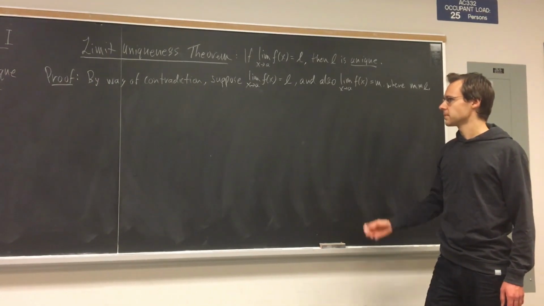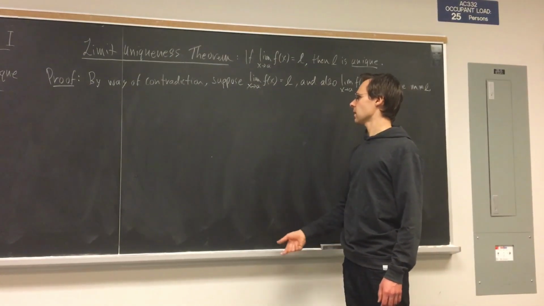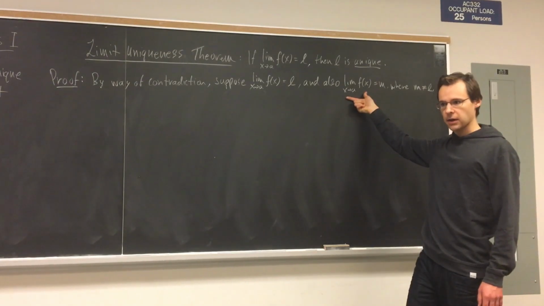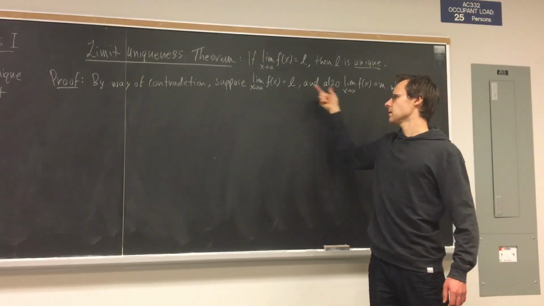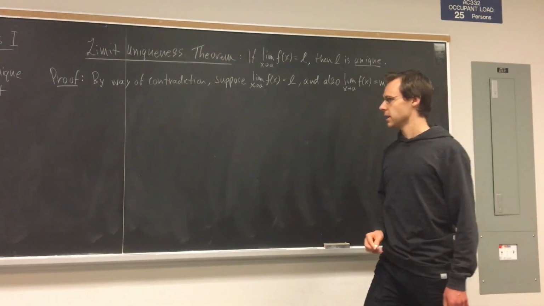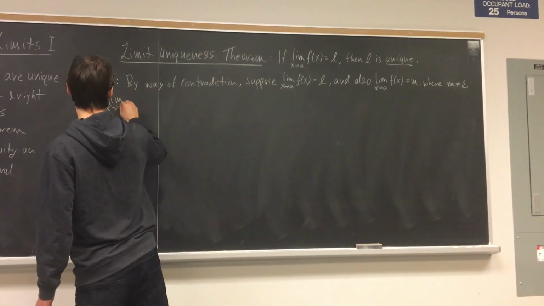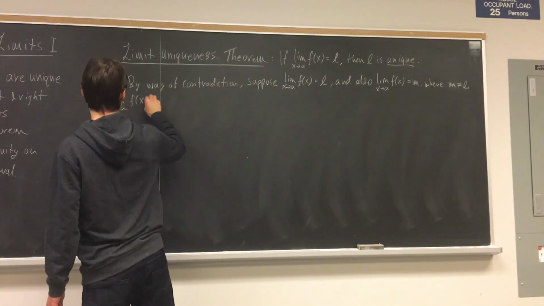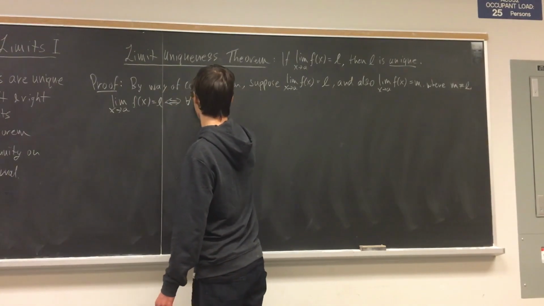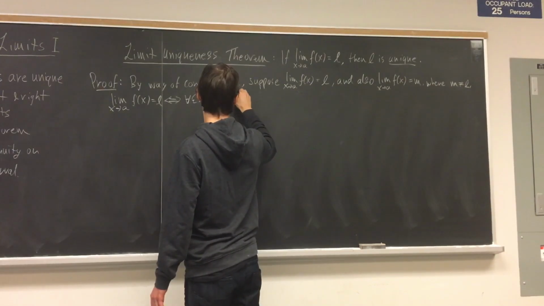Okay? That's the point. So let's first write out our definitions. Okay? We're assuming this is the case. We're also assuming that this is the case. So we know what these things mean, right? We can write out the formal epsilon delta definitions for each of them. So let's do that. So the limit as x approaches a of f of x equals L, what that means is for all epsilon greater than 0, there exists a delta greater than 0.